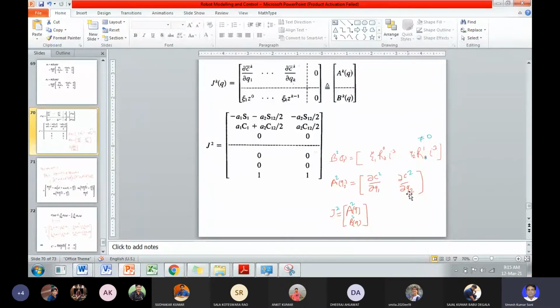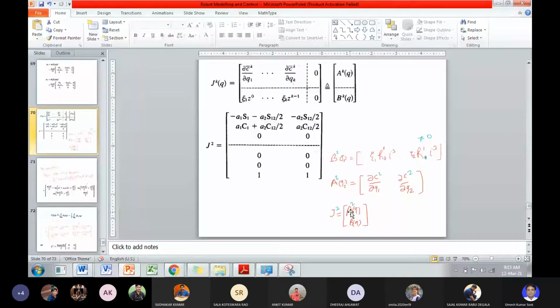Here three elements in a column, and this will also have three elements in a column. So in total this Jacobian 2 has six elements in a column and 2 columns. Okay, 2 columns because this robot is a 2 axis planar robot.